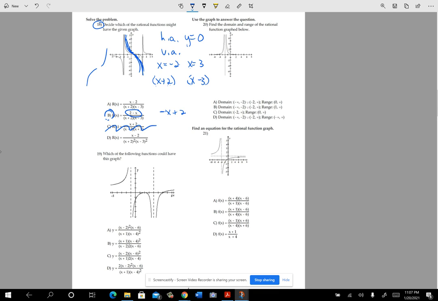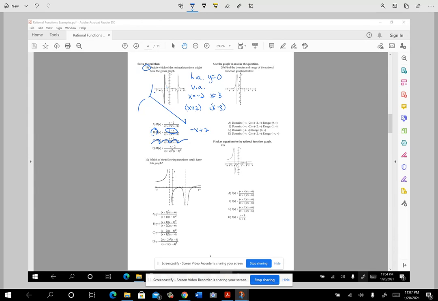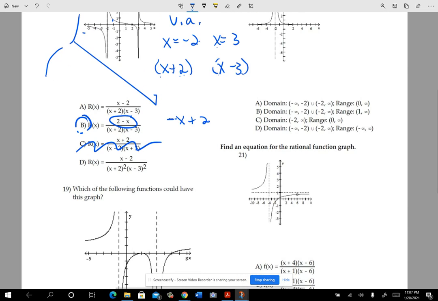So let me go ahead and just plot a point to make sure I'm not lying to you. Let's pick a point to see what it would look like if I plugged in, say, a -1.